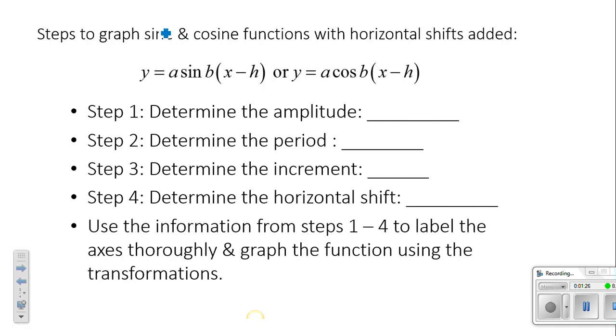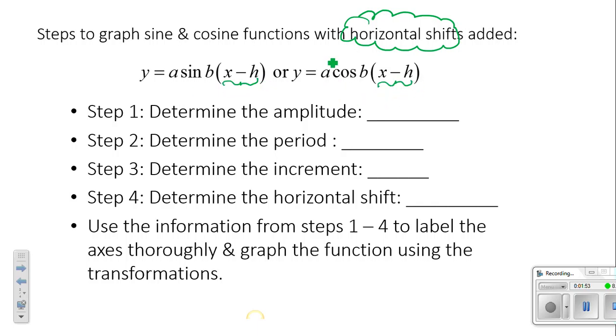So the steps for graphing sine and cosine functions with horizontal shifts added. Okay, so that horizontal shifting, we are going to do that in green. So I should have highlighted that in green. Here we go. I'll go back and use green. Okay, horizontal shifts are in green. All right, so horizontal shifts, that's inside.